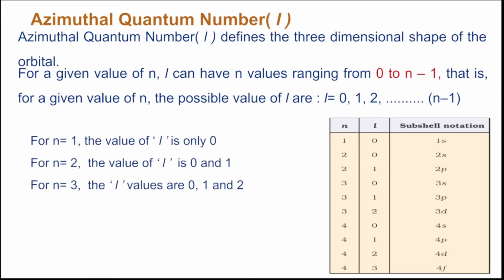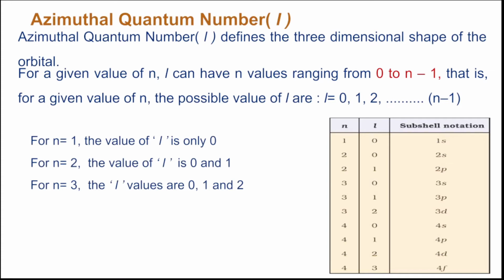For n is equal to 1, the value of L is only 0. Okay, that's why it is mentioned as 1s. For n is equal to 2, the value of L is 0 as well as 1. So it is represented as 0 for S and 1 for P. So in the second energy level, n is equal to 2, we have L values 0 as well as 1, so we get in the second orbit the orbitals 2s and 2p.